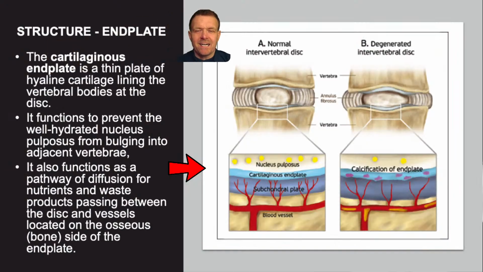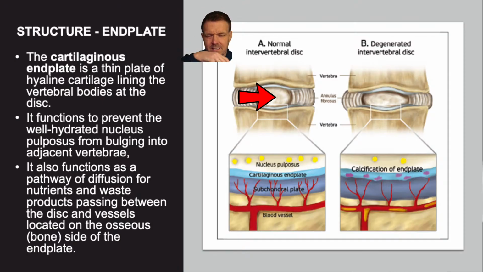Well, here it is. So we've got the cartilaginous end plate, which, like I said, is not like a plate. It has a blood supply. It is the filtration system for the disc, so it can get its nutrients. And the way that the disc gets its nutrition is through movement.